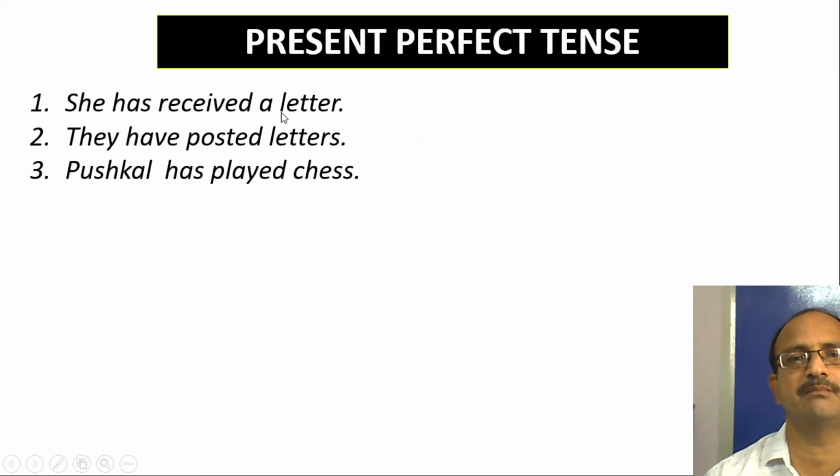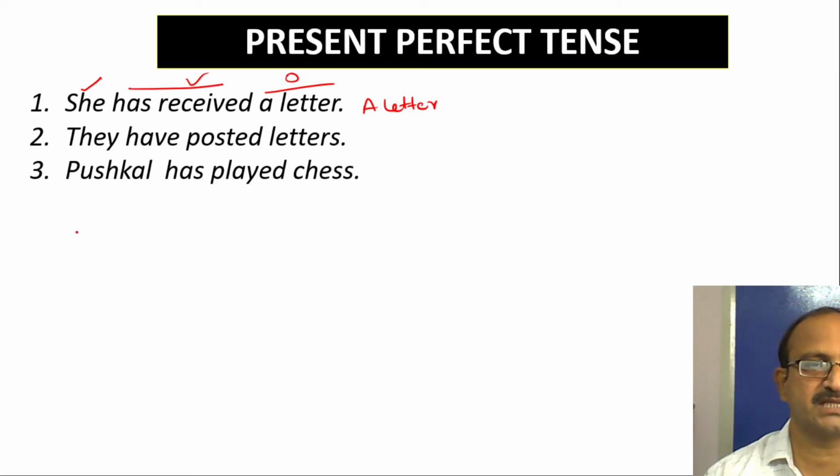Next tense is the perfect tense model. Like in the previous model, here she is the subject, has received is the verb, and a letter is the object. We start with a letter. So in the perfect tense model, we have to take either have or has plus been and V3.